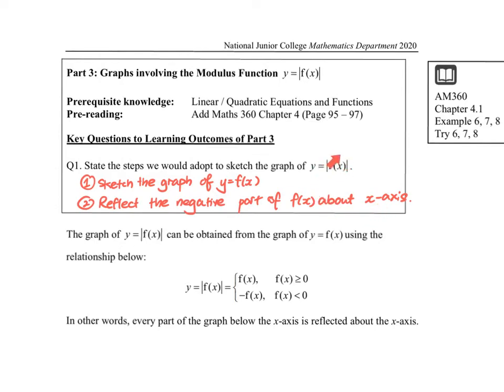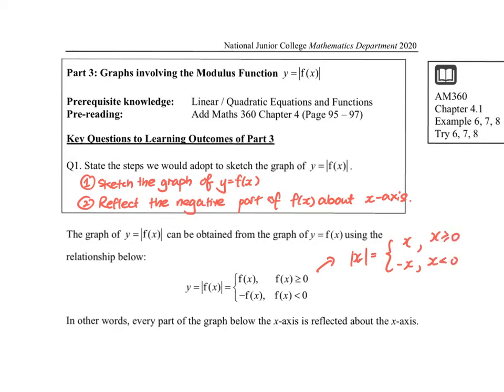Remember that modulus itself is a positive function, meaning that if you draw the graph, it has to be always above the x-axis. Just recall that earlier we talked about what is modulus x. Modulus x can be equal to x or negative x, depending on whether x is greater than or equal to 0, or x is negative.